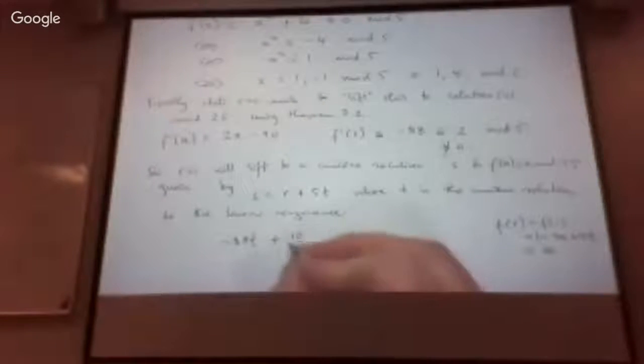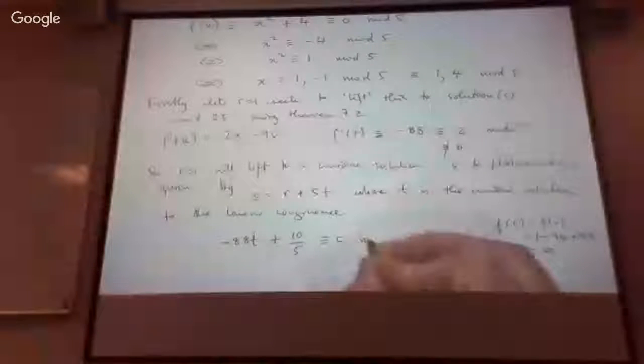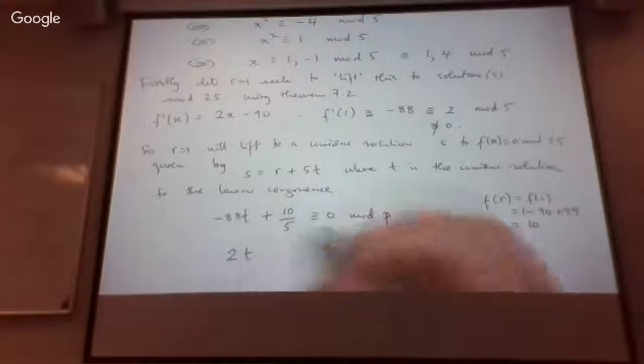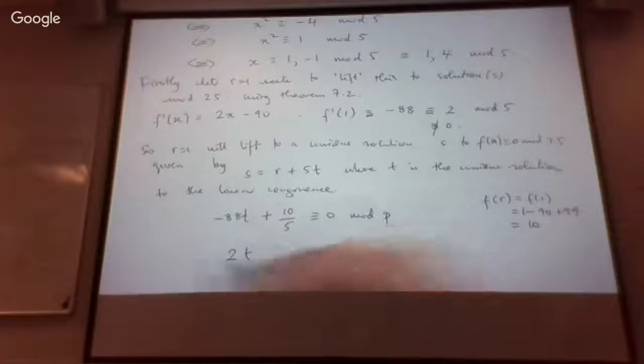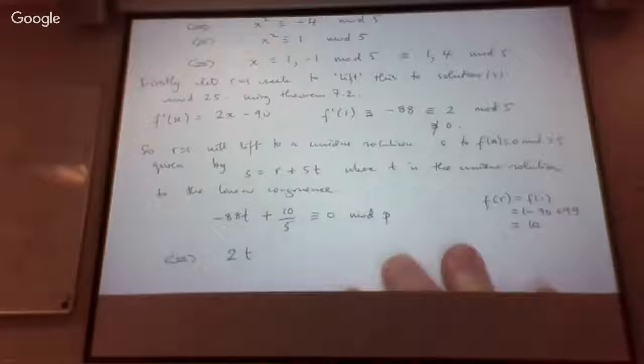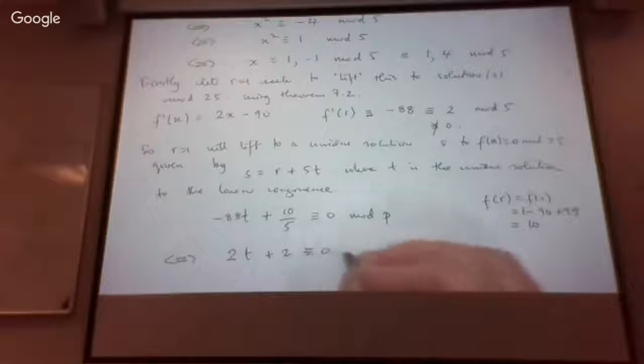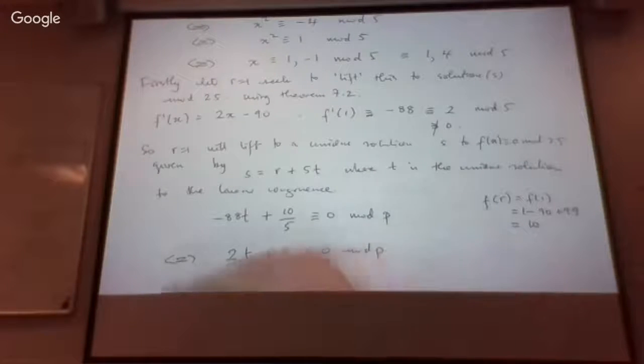So plus 10 over 5, congruent to 0 modulo p. So we just have to solve this now. Minus 88, we already decided that was 2. So congruent to 2. 10 over 5 is of course 2. This is congruent to 0 modulo p.